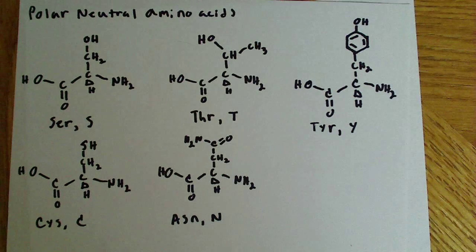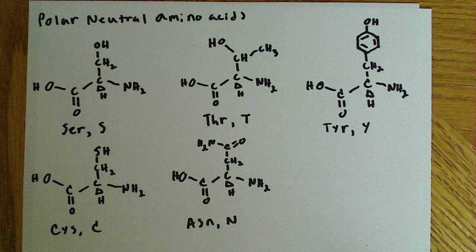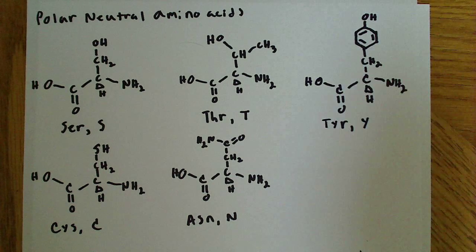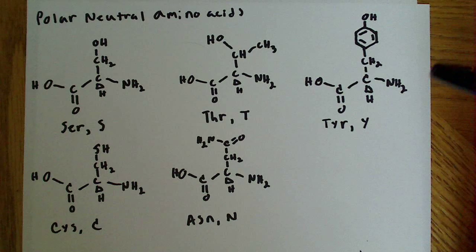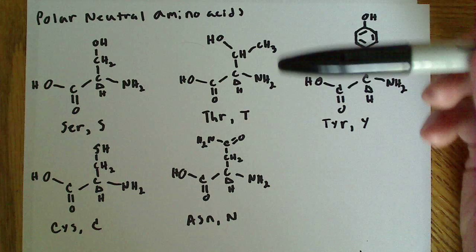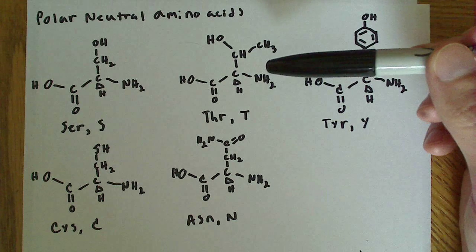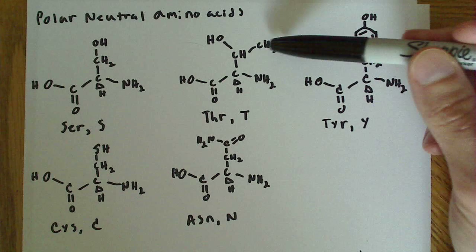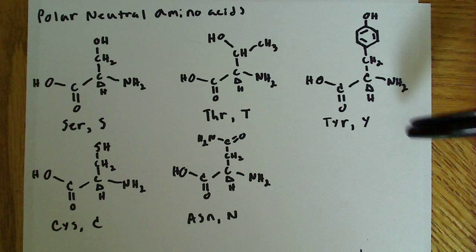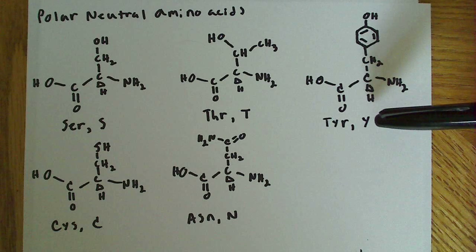So the second set that I want to show for this video are the polar neutral amino acids, and those are serine, abbreviation SER, S, and that's a CH2OH as the side chain. The second one here is threonine, and that's THR, T, and that has a CH3OH. The third one over here is tyrosine, TYR, Y are the abbreviations.